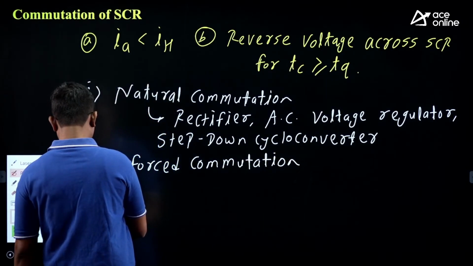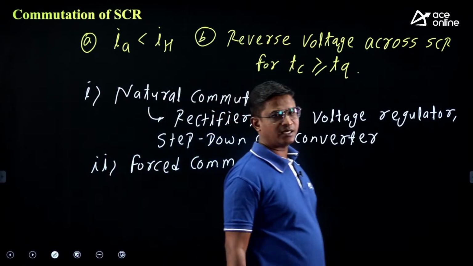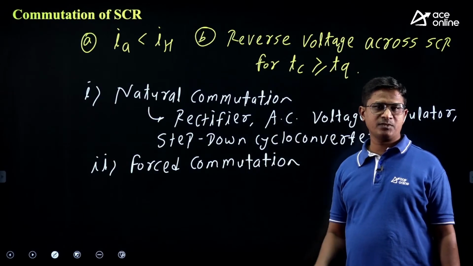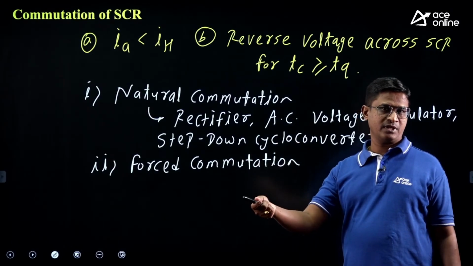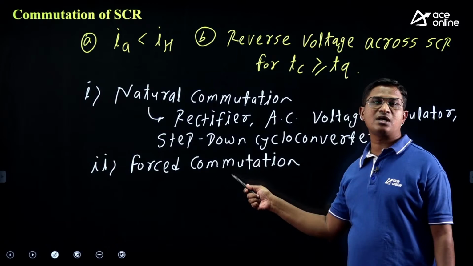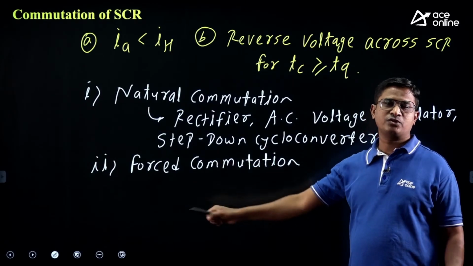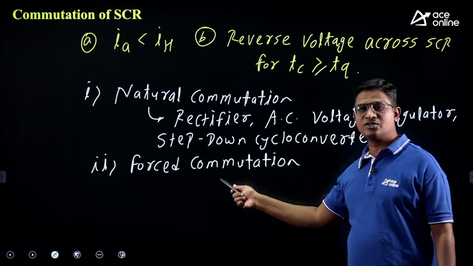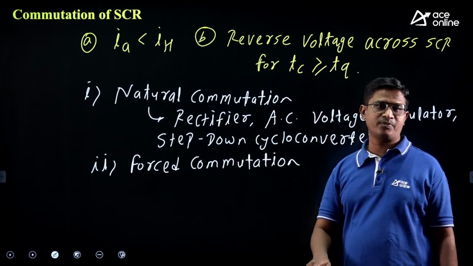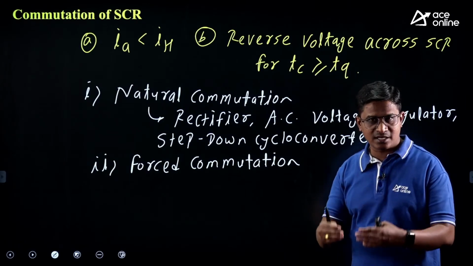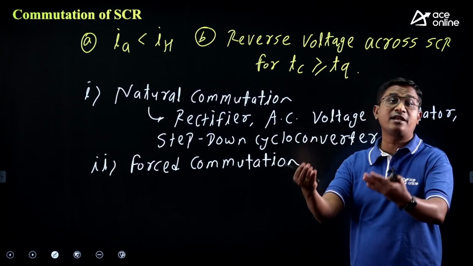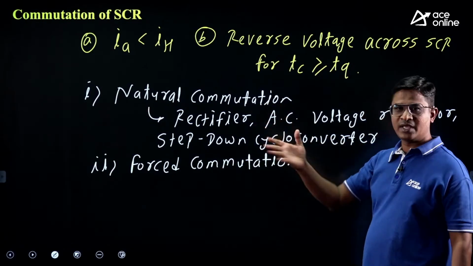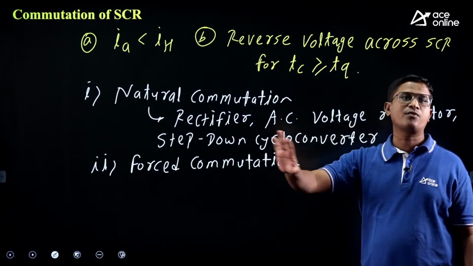Forced commutation means here your SCR turns off due to external circuitry, and that external circuit is used to turn off the SCR. So that circuit is known as a commutation circuit. Commutation circuit means external circuit. We need to add additional circuit elements to turn off the SCR. Whereas in natural commutation, additional circuit elements are not required.